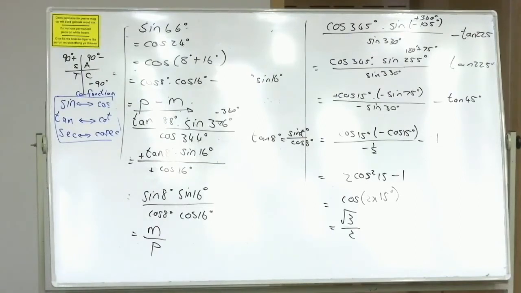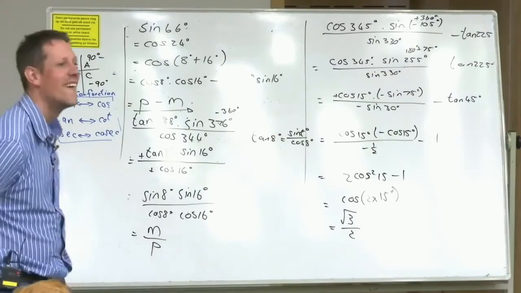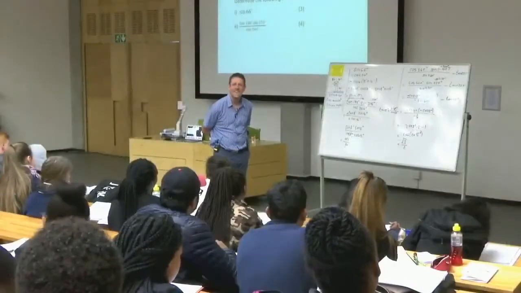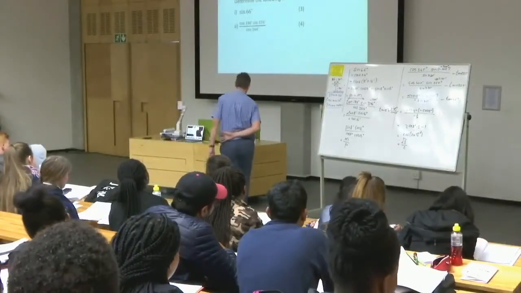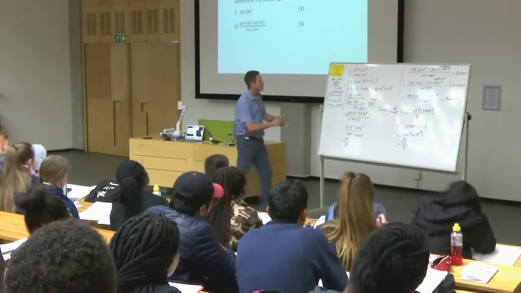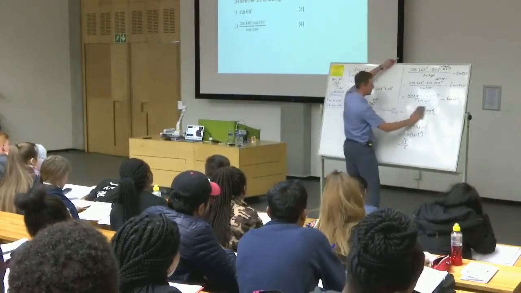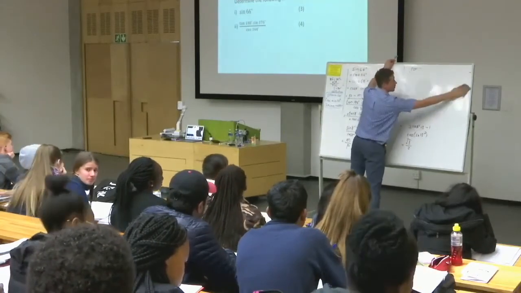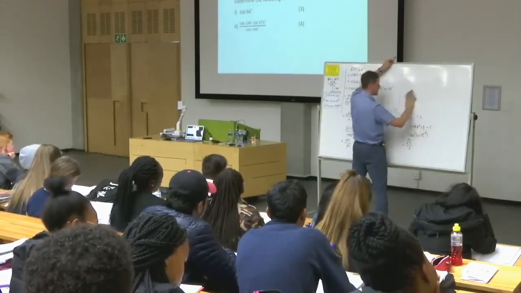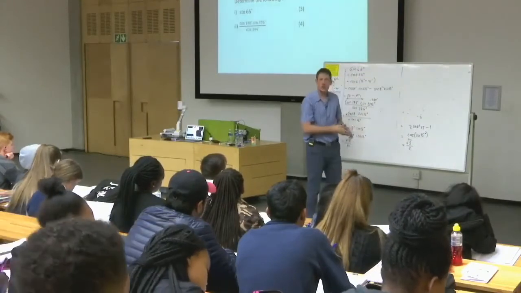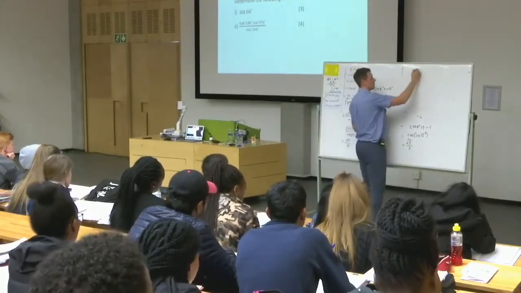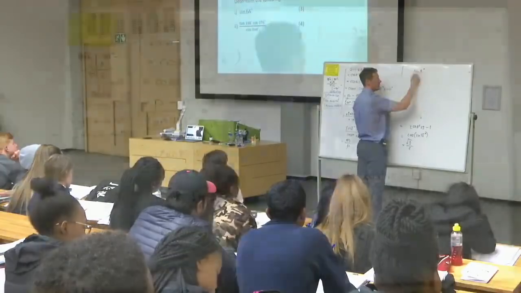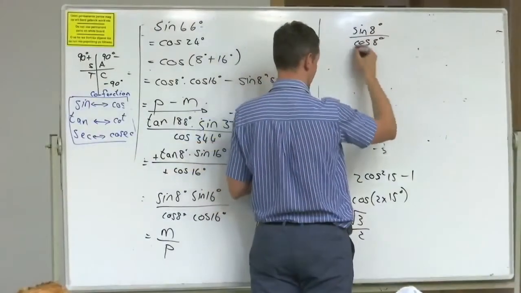Yes, sir. Okay, good question. You have a very valid question because quite a few of you guys, I know, wrote it like this: sine of 8 degrees over cos of 8 degrees.